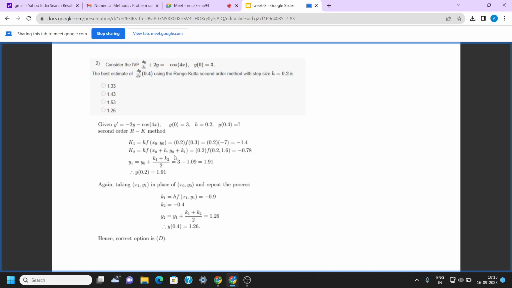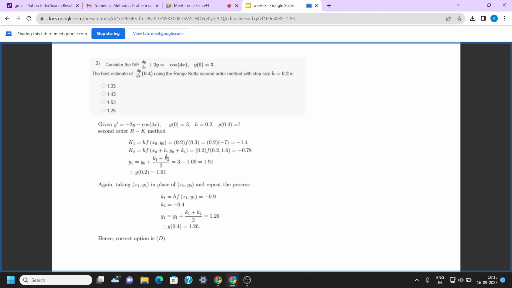Again x naught and y naught will be 0 comma 3. And h is what? The step size that is 0.2. So substitute at the place of h, substitute 0.2, at the place of x naught substitute 0, and at the place of y naught substitute 3. And here k1 is what? Minus 1.4 that we have calculated.